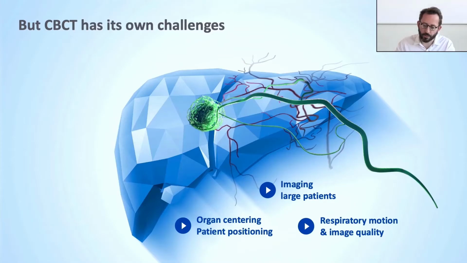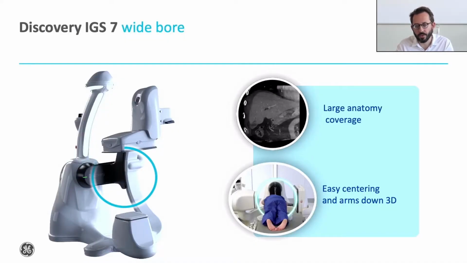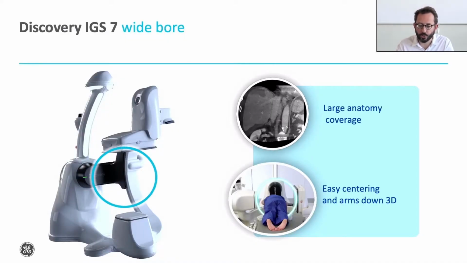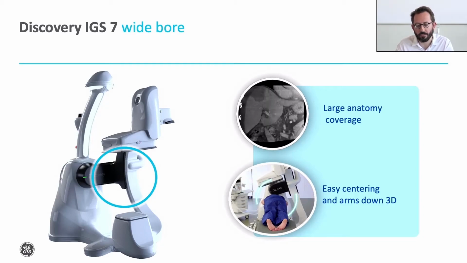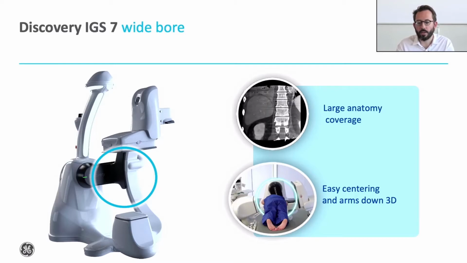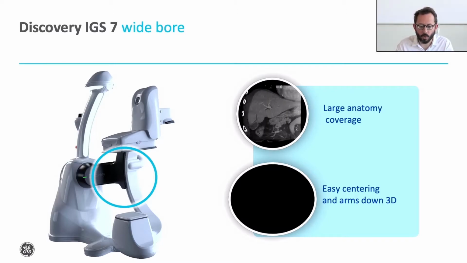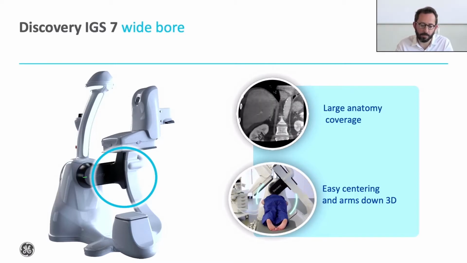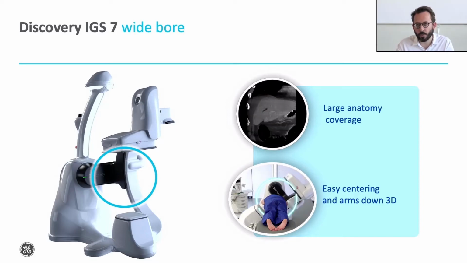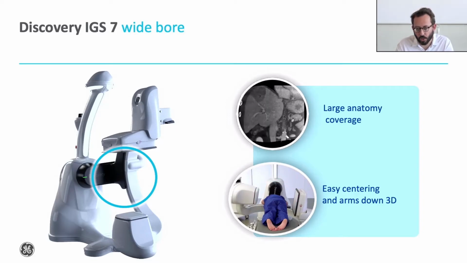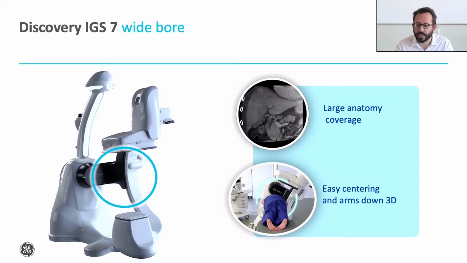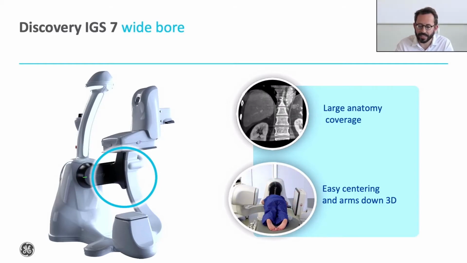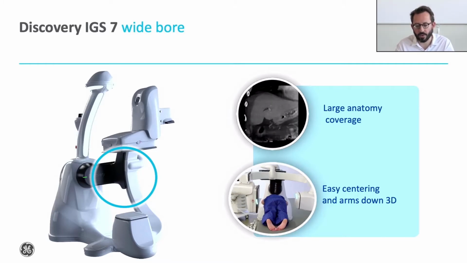Now, to address the first two problems, the last generation angio suites, such as the Discovery you see here, really address that. You now have large bore detectors, you have almost CT-like image quality, so centering the patient is not that much of a problem anymore, and the quality of the images you get is really good enough for you to do a very accurate treatment.